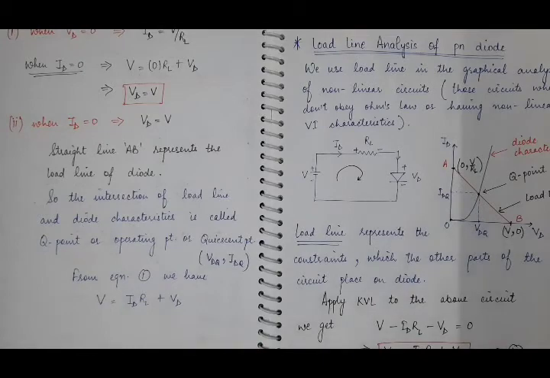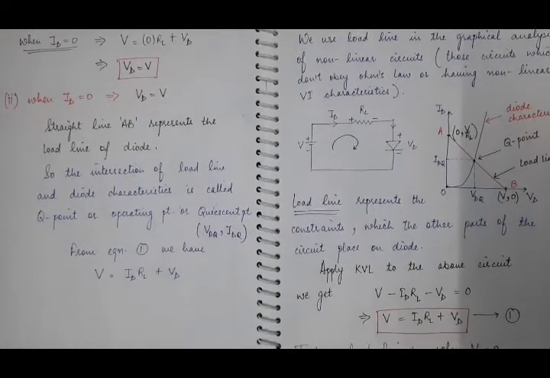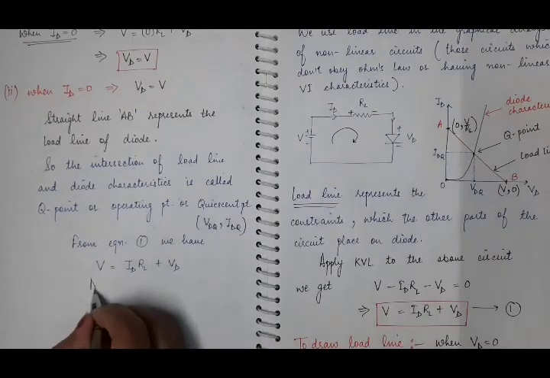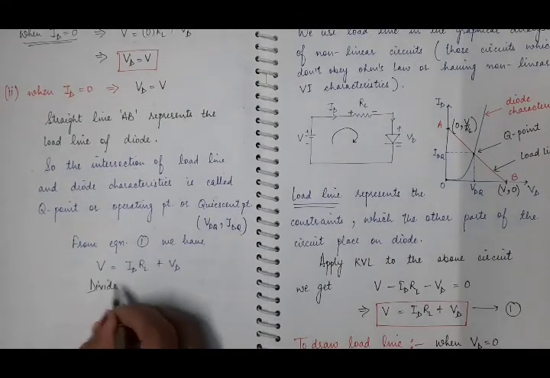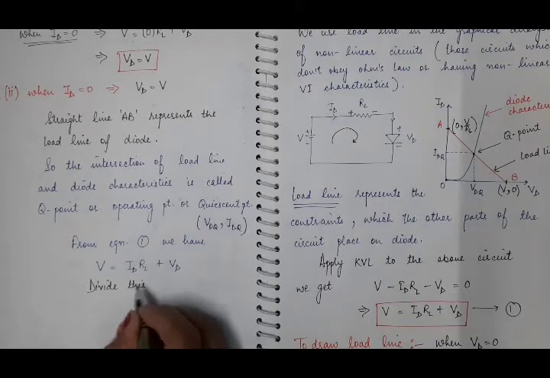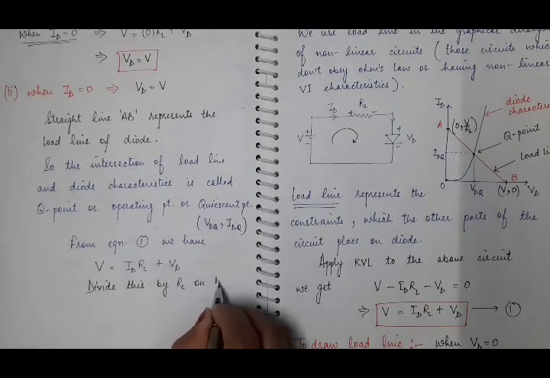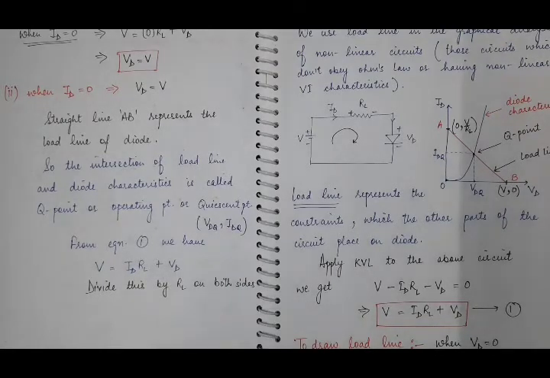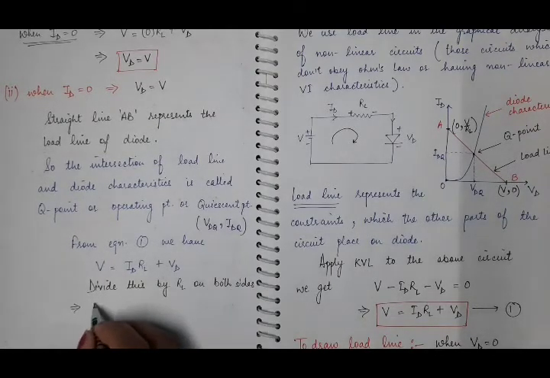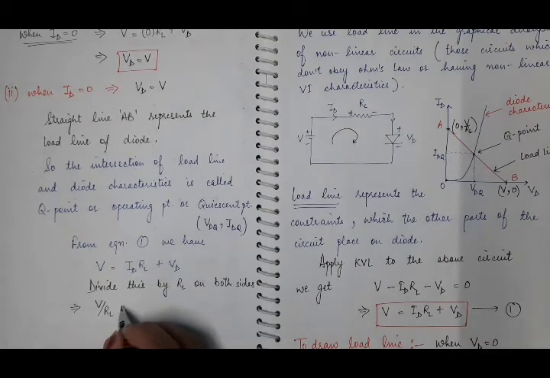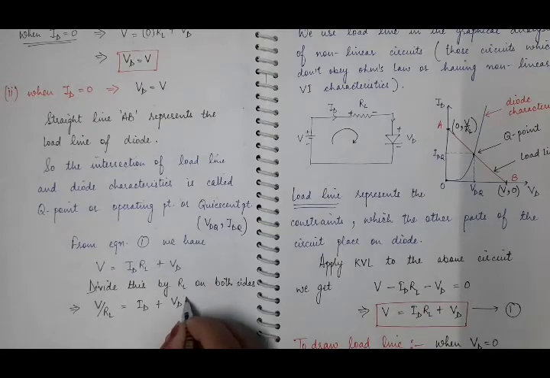Now divide this equation by RL on both sides, and you will get V by RL is equal to ID plus VD by RL.